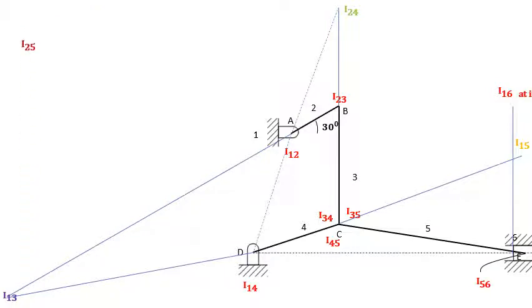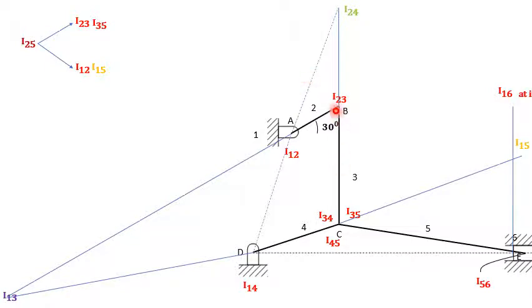Next instantaneous center is I25. I25 is a combination of two sets of instantaneous centers: I23, I35, and I12, I15. This is the line I23, I35. Next, I12 and I15.